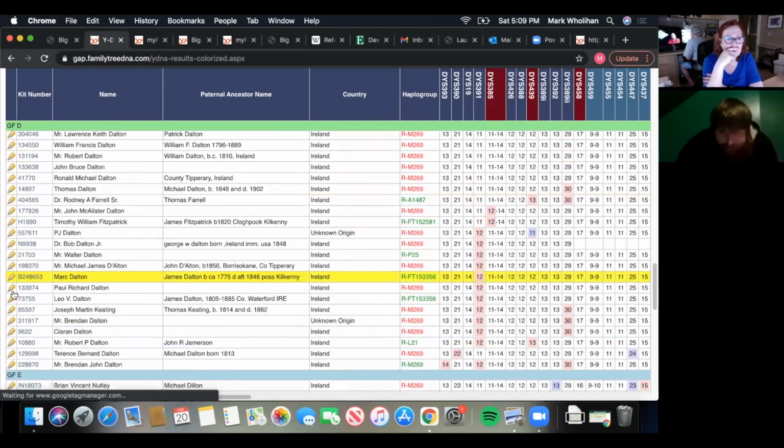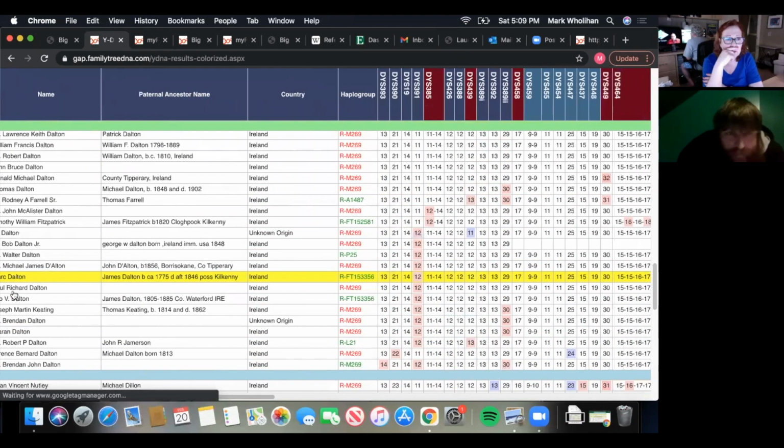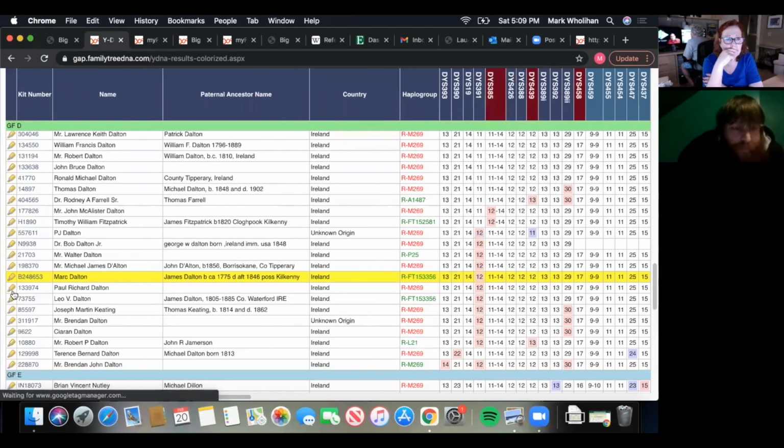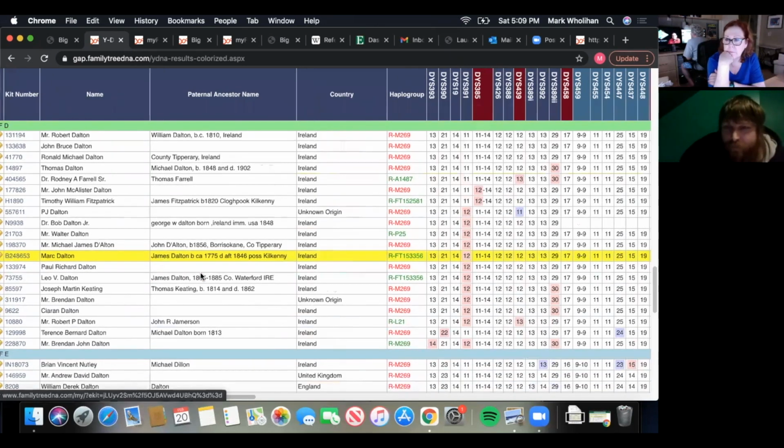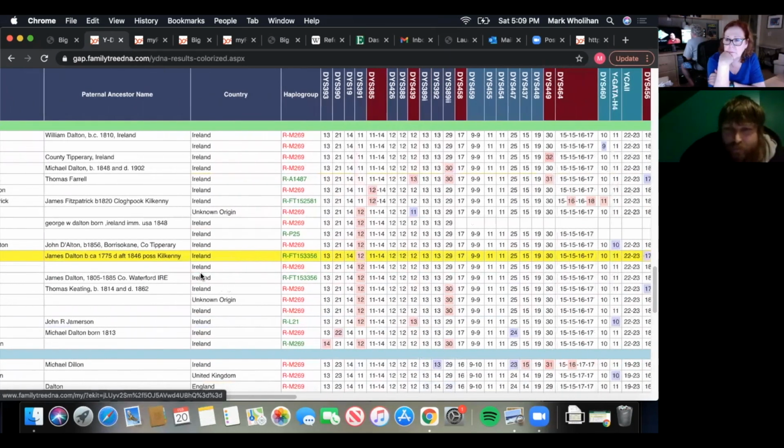Oh, it ended up highlighting Mark. That's fine, we'll just go with that. So your dad is 2 below the highlighted Mark.